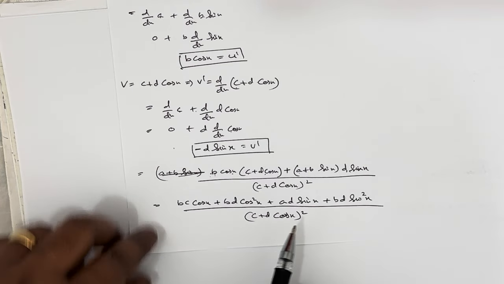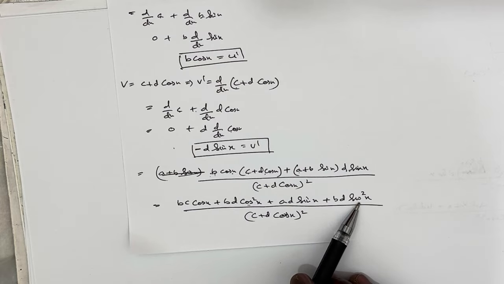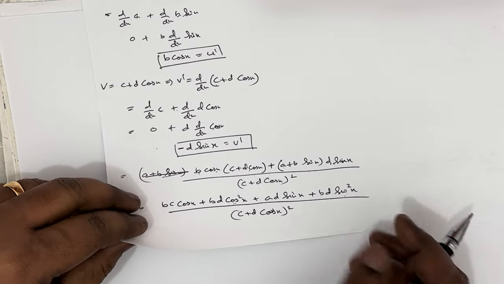Now you see we have cos square x and sin square x here, so if we bring that together we can use the formula sin square x plus cos square x is equal to 1.